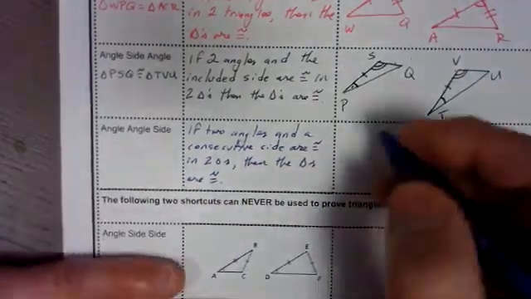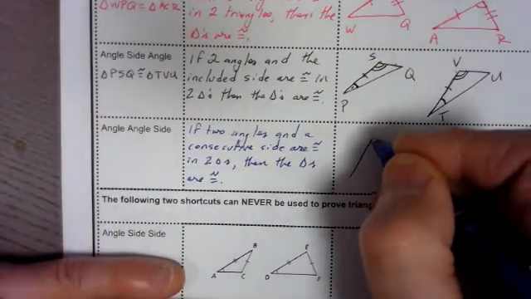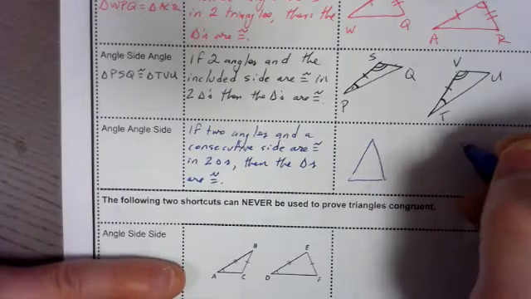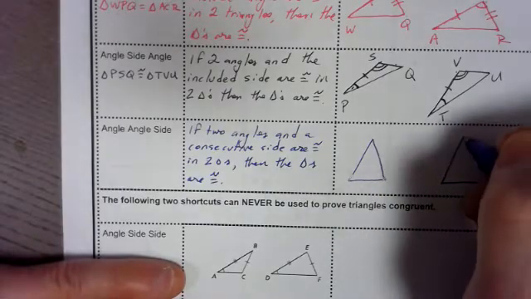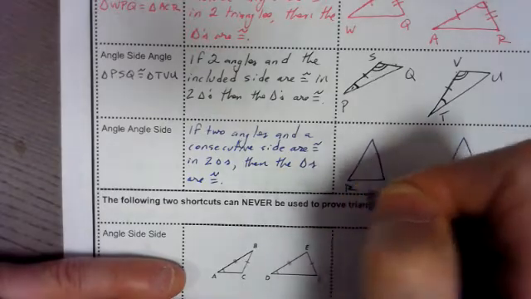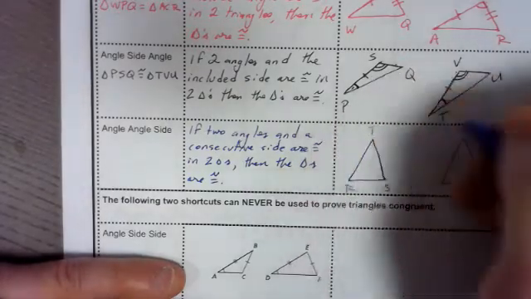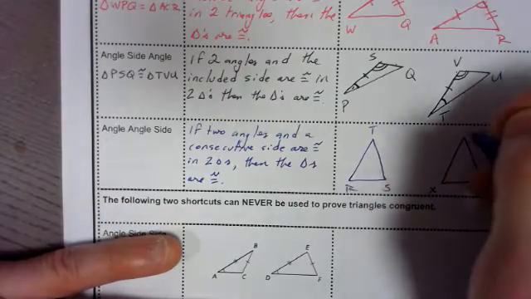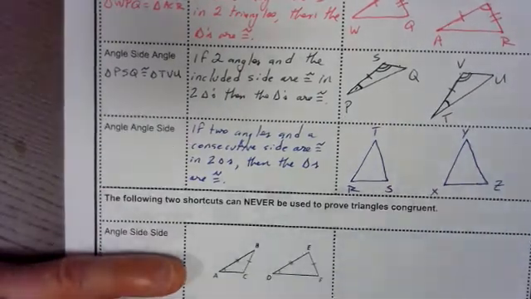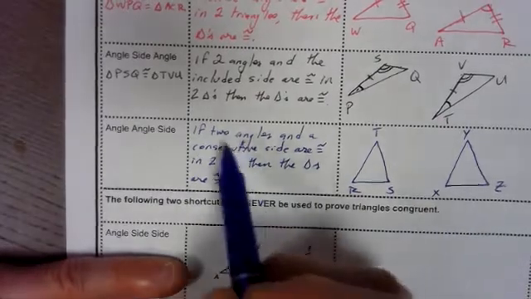So what does that look like? Let's do an isosceles triangle here, or something that looks like an isosceles triangle. So here we have RST and XYZ. So angle, angle, side. Two angles and a consecutive side.